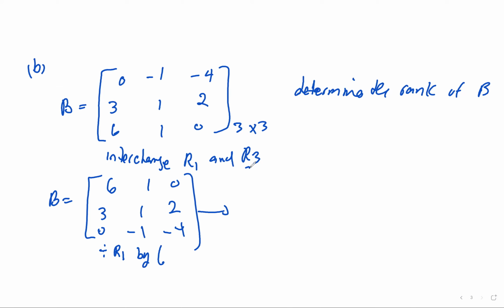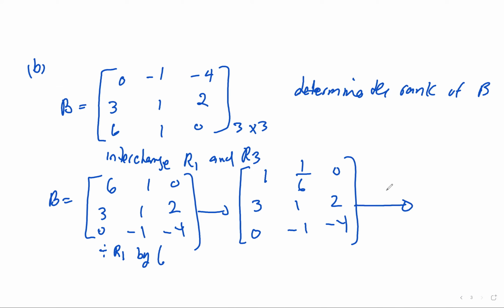We get 1, 6 divided by 6 is 1, then 1 over 6, and then 0 divided by 6 is 0. And we're going to repeat row 2: 3, 1, 2, 0, -1, -4.